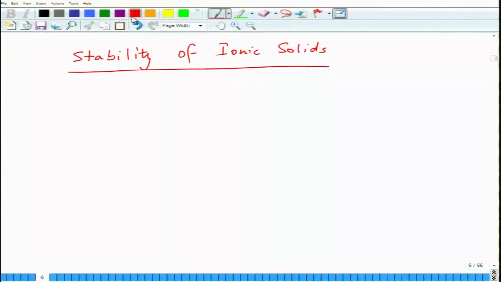So here, the energy that we consider in the case of cations is the ionization energy, the energy required to ionize them.